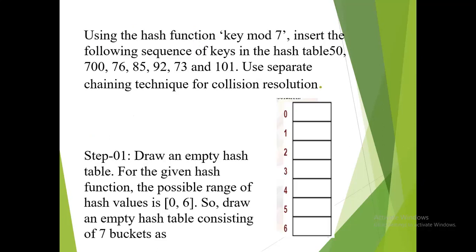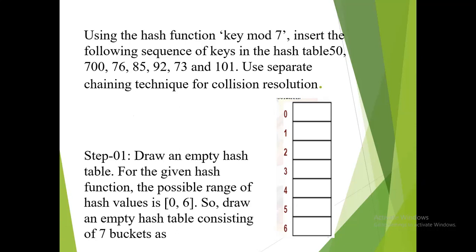Next, example. Using the hash function key mod 7, insert the following sequence of keys in the hash table: 50, 700, 76, 85, 92, 73, 101.